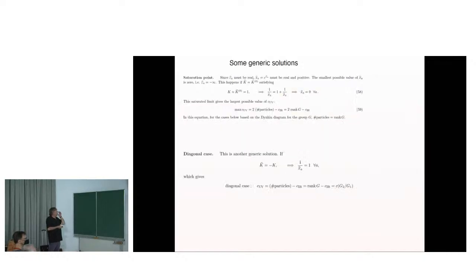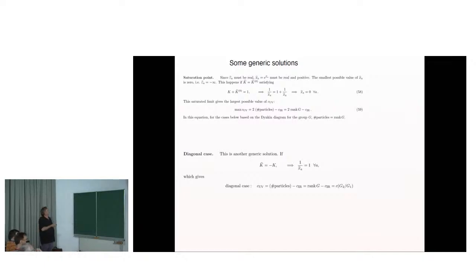Okay. So before turning to a specific model, there's some very generic cases. It turns out if there's too many CDD factors, there's no solution. We call that the saturation point. And that's going to give you the highest possible ultraviolet central charge.